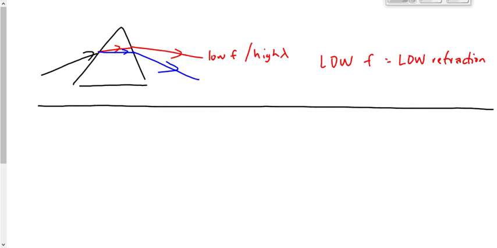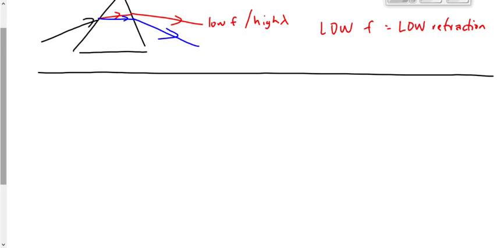But what about diffraction? Different colors will diffract a different amount as well. I want you to take a look at the equation to help us understand what's happening here. Lambda is equal to d sine theta over n. As lambda increases, then theta will increase.